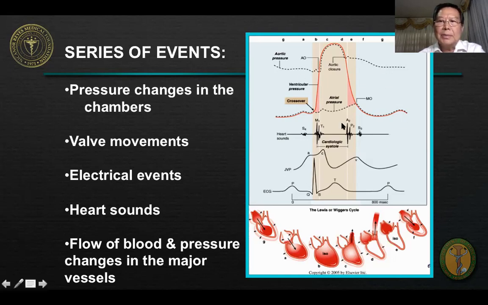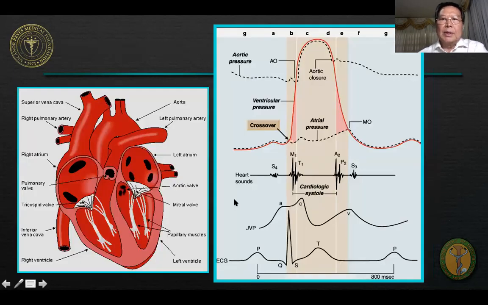Again, this is basically what I was talking about. Again, your aortic pressure over here, your ventricular pressure, okay? This is systole and diastole. These are your heart sounds based on your phonocardiogram. These are your jugular venous waves, your ACV, and these are your complexes on the electrocardiogram, okay?